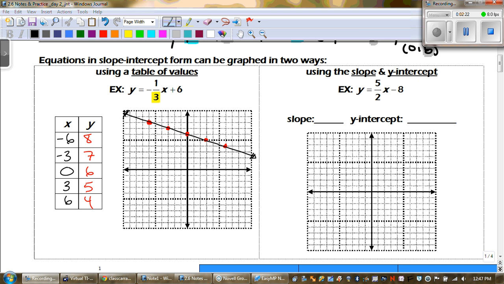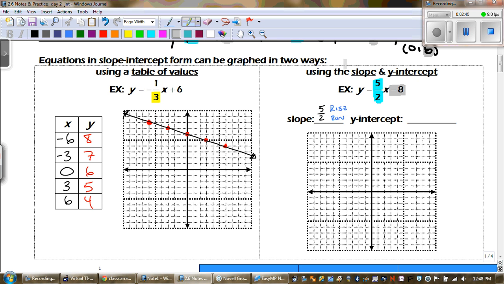And now the other thing that we talked about is just by using the slope-intercept, all right? We just talked about the slope, okay? Our slope is 5/2, which means that this is my rise. I go up 5, and I run 2.